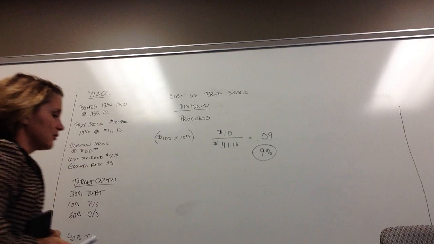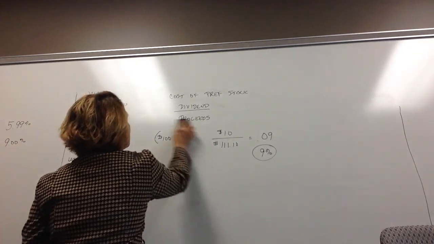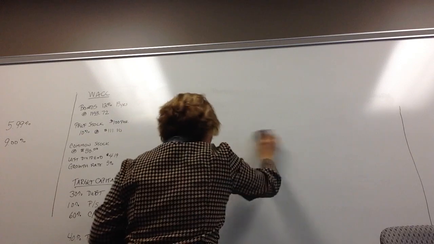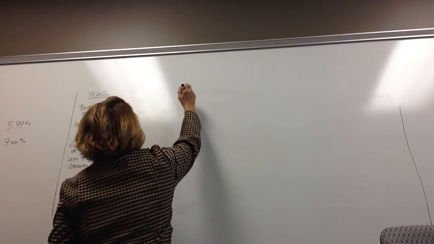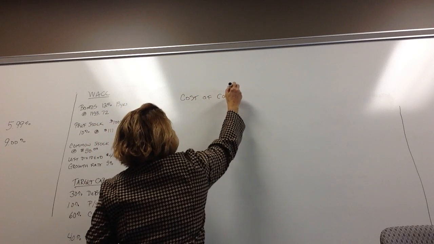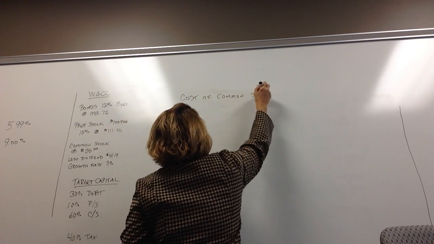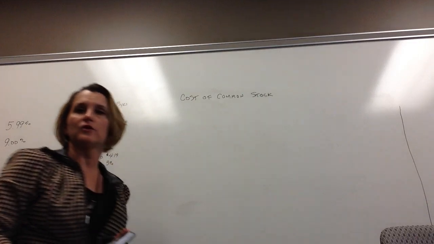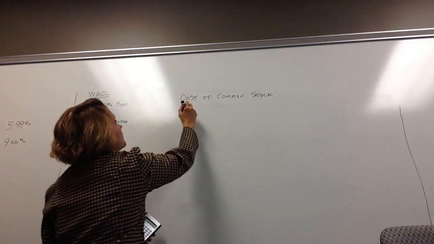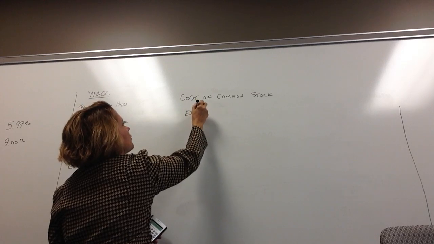Then our third component is, what's my cost of common stock? The cost for common stock is comparable to the other formula. It's just a little bit different because the dividends grow.